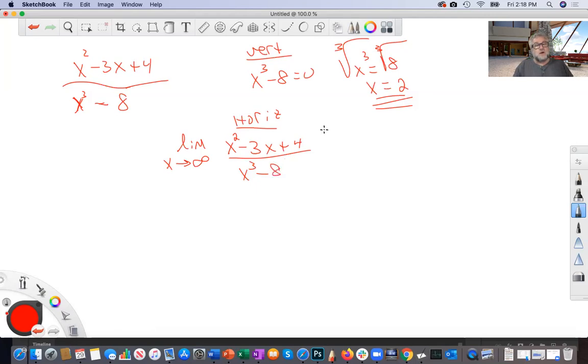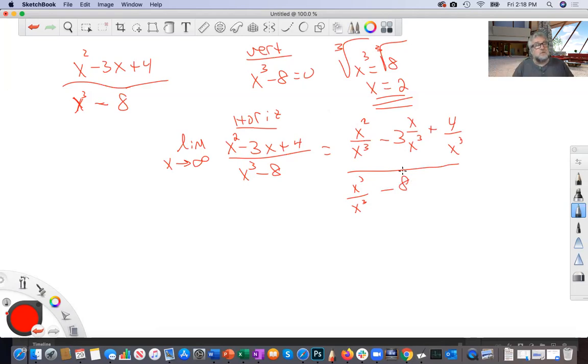Step 1 was divide by the biggest power of x. So x squared over x cubed minus 3x over x cubed plus 4 over x cubed, all over x cubed over x cubed minus 8.